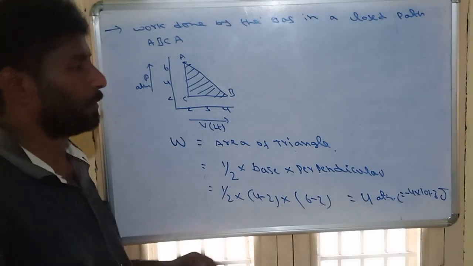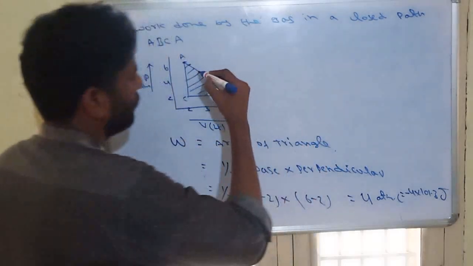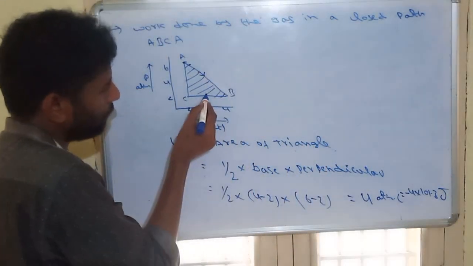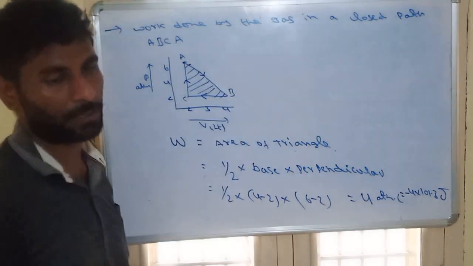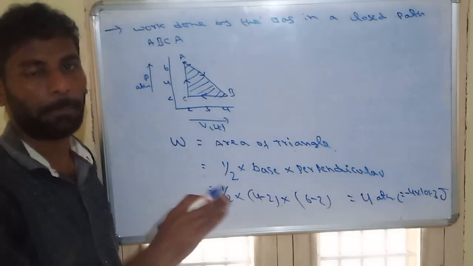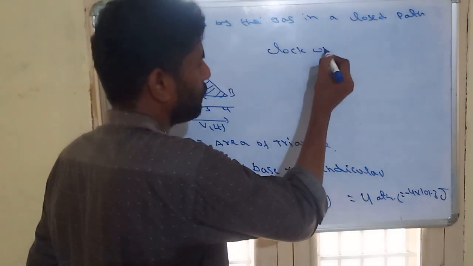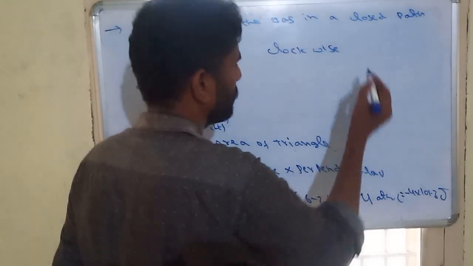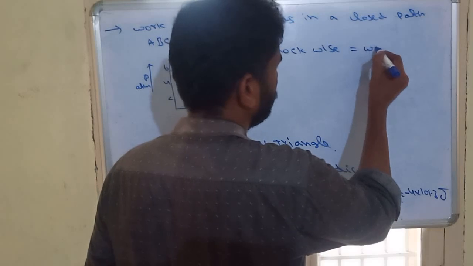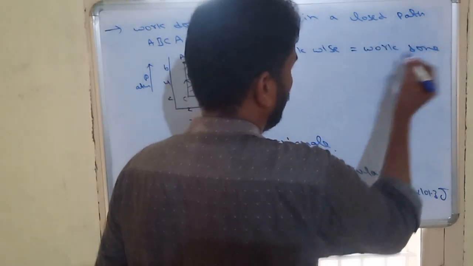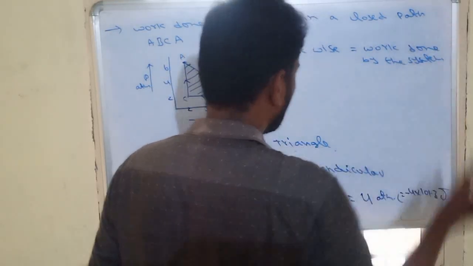Remember one thing also, whenever PV graphs are given, if the graph is represented in clockwise direction, that is work done by the system.